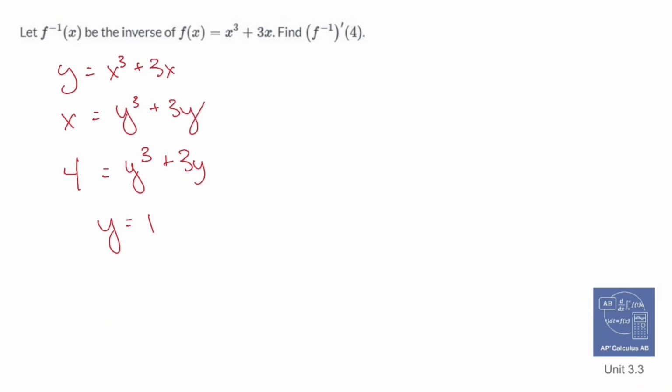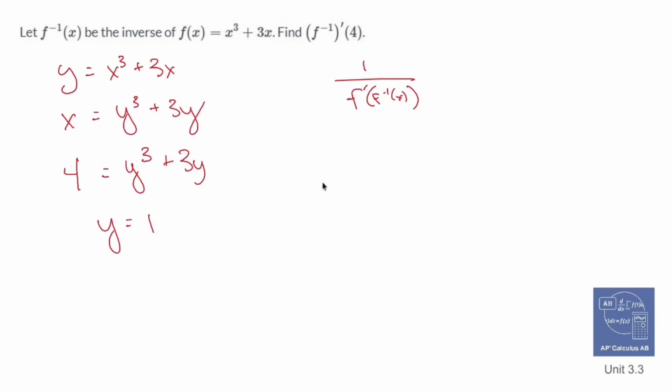I'm going to use the inverse derivative function rule, okay? If you forget what the inverse derivative function rule is, it's basically you have 1 over f prime of f inverse of x, like that, okay? So what I need to do is take the derivative of f and then find out what f inverse of 4 is, which I already did, it's 1.